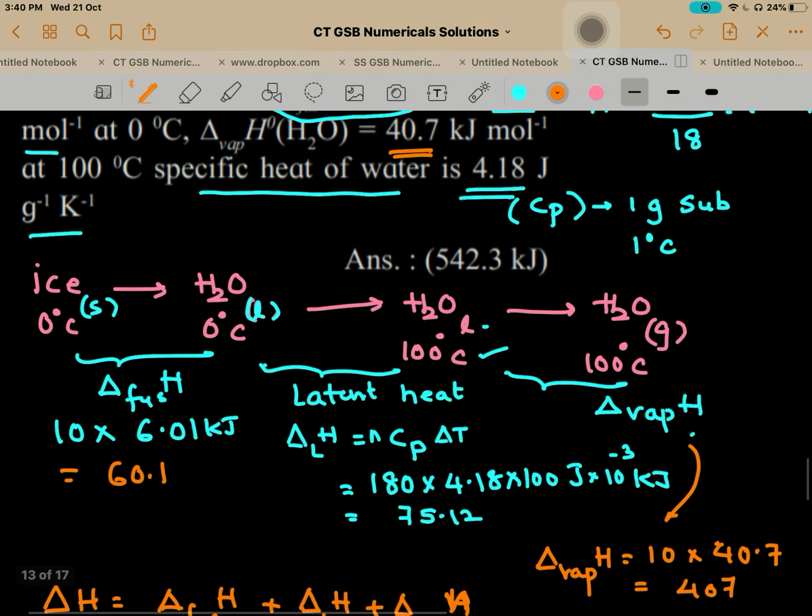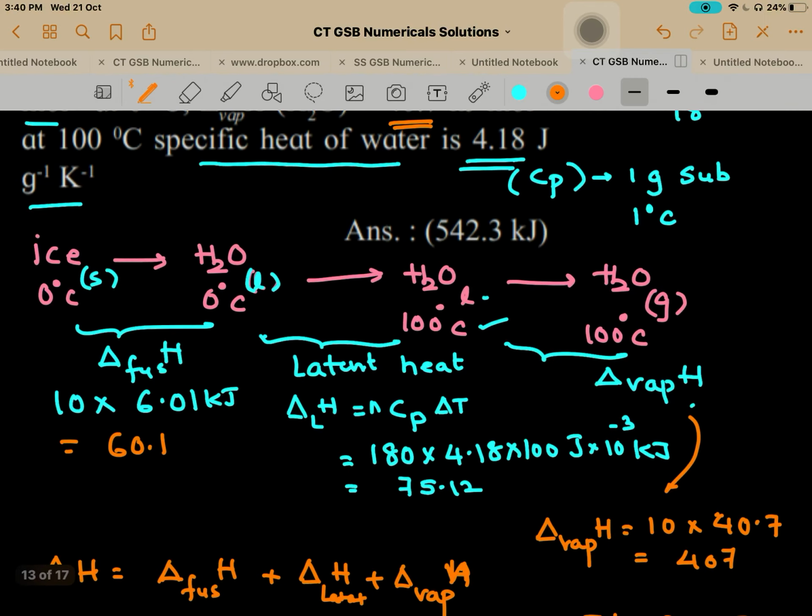So get this question, a very nice question to understand specific heat or the difference between fusion, vaporization and latent heat. Hope this question is clear to you students.